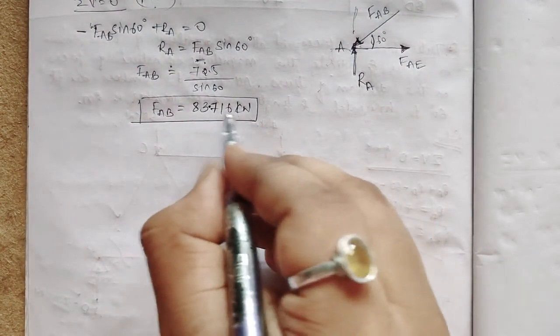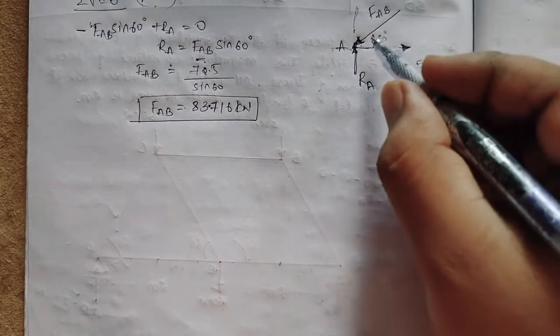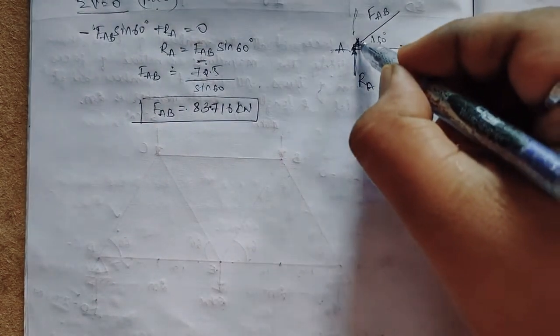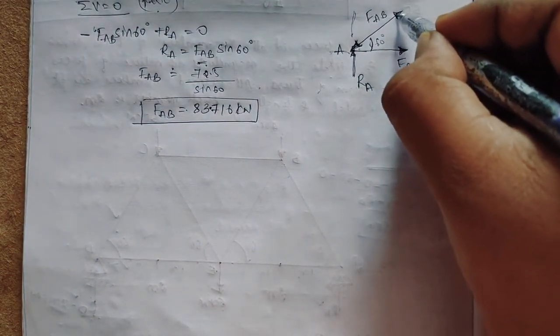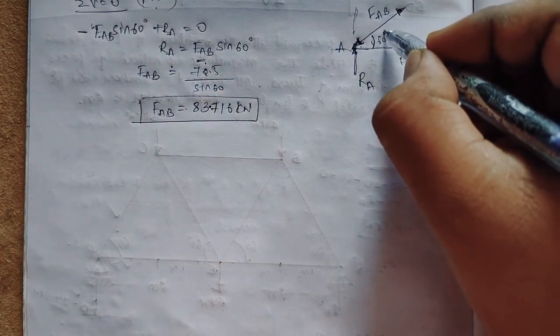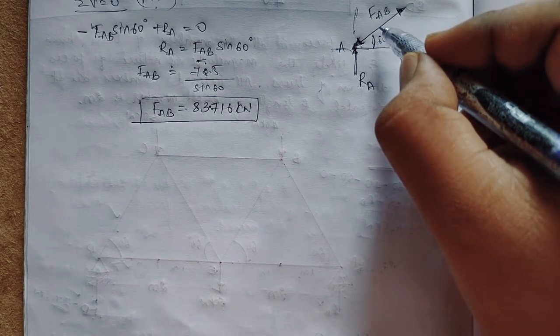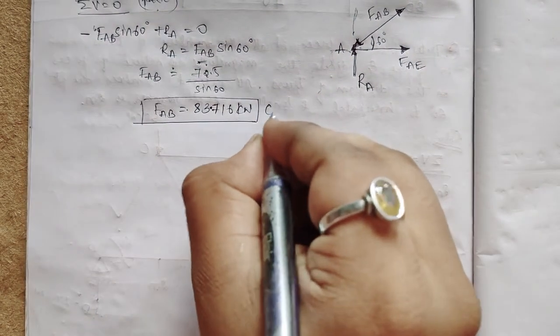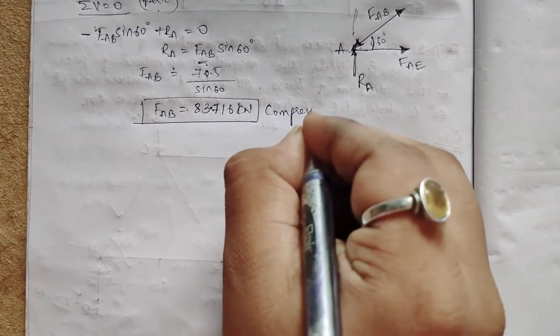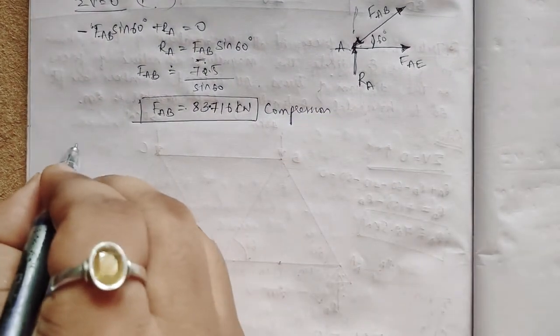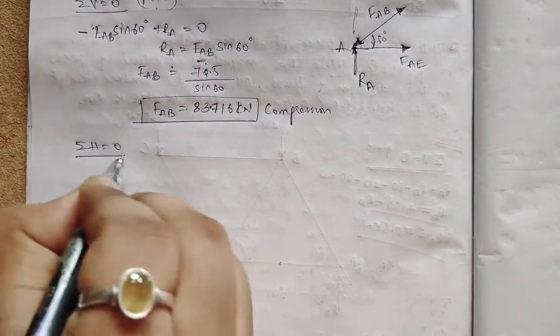So it is positive. What I assumed, it is going this side, it is also going this side, so it is away from each other. When it is away from each other, what is it? Tell me. Nothing but compression.